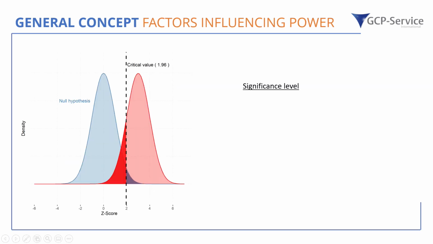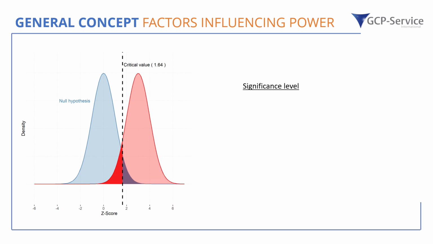We start with the significance level, the maximum type 1 error. And what we see here, to remind, is that the light red area we want to maximize. And when we increase the significance level, then the critical value decreases. As you can see, the blue area here will increase, and the red area will also increase.